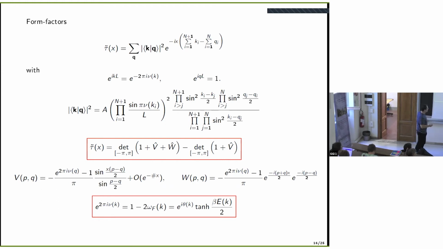Again we use these effective form factors, and again we express effective kernels up to exponentially small terms, from which we now know the effective phase shift and how it is related to the parameters of the model, namely the spectrum and the Bogoliubov angle.